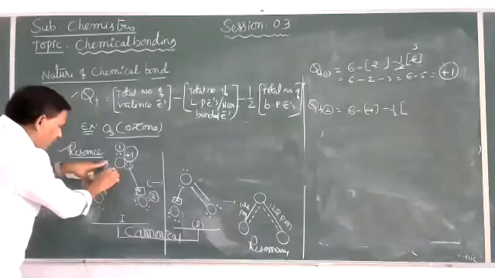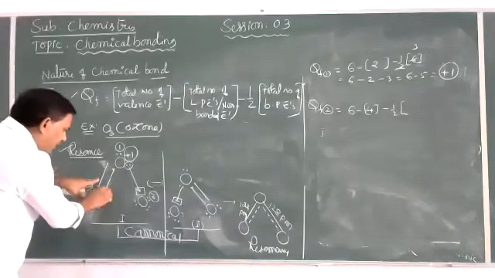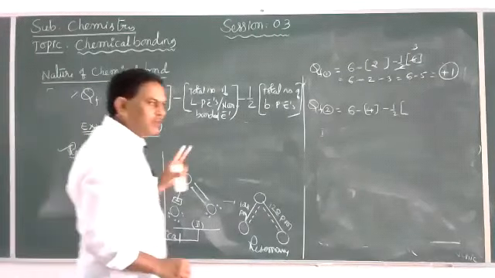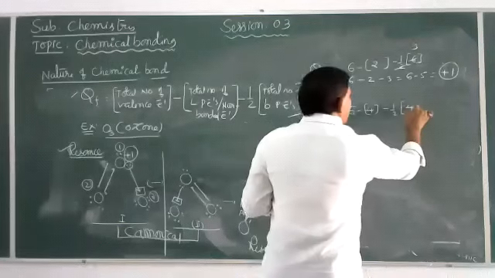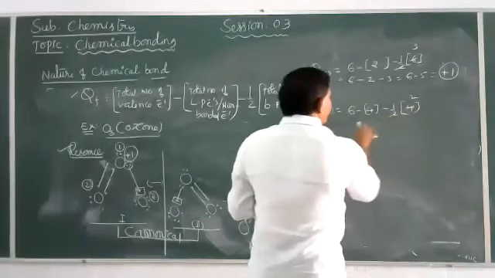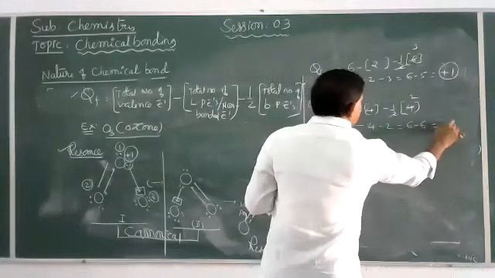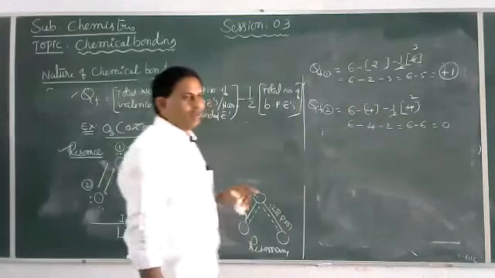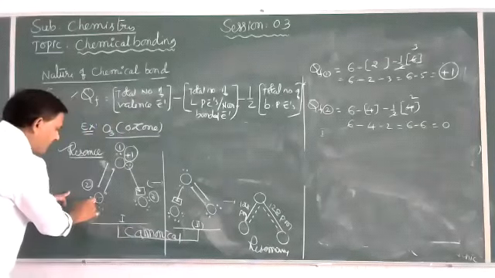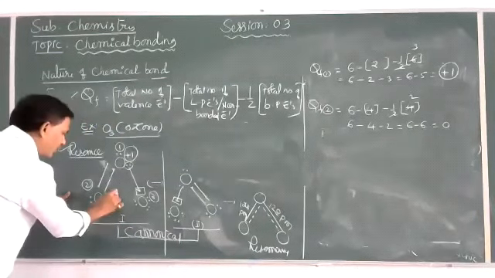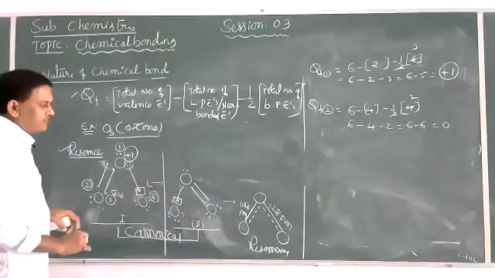Here only 2 bond pairs are there, each pair containing 2 electrons, so 4 electrons. Here 6 minus 4 minus 2, that is 6 minus 6, equals 0. So for this second oxygen atom the charge is 0.